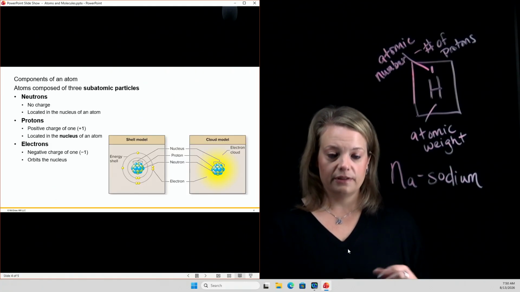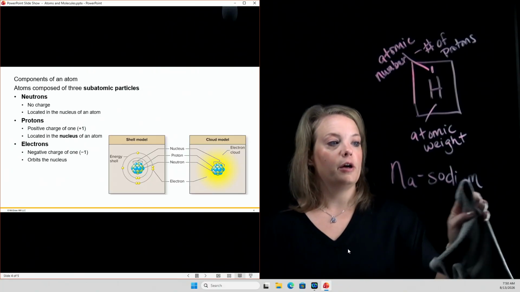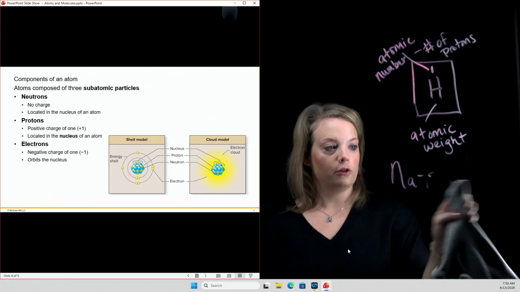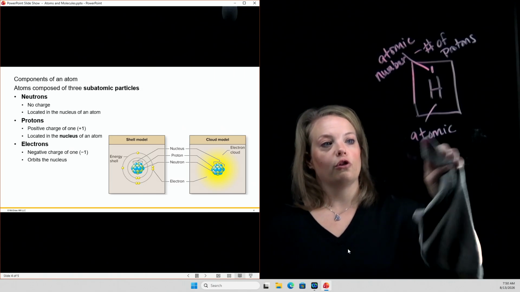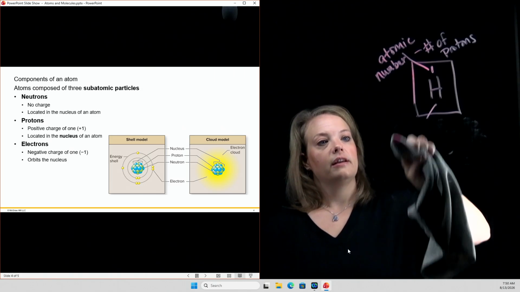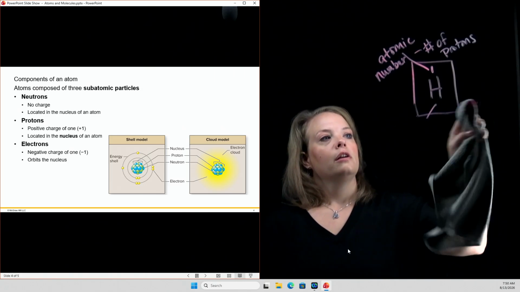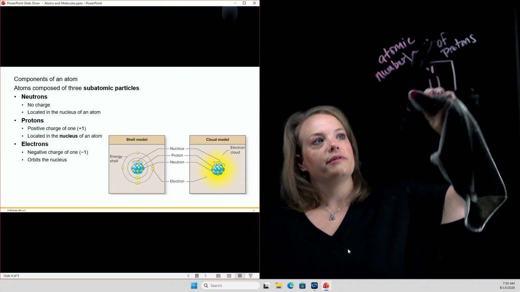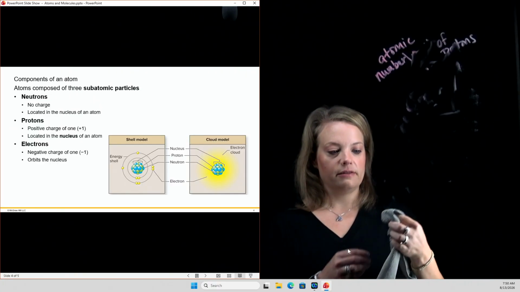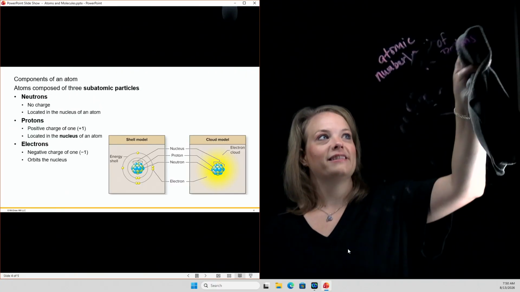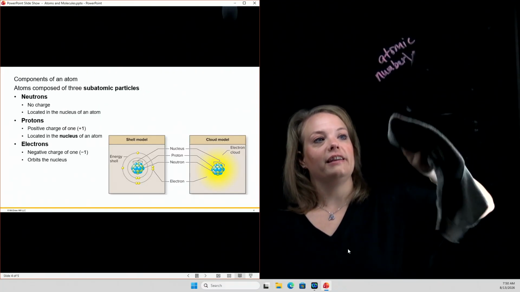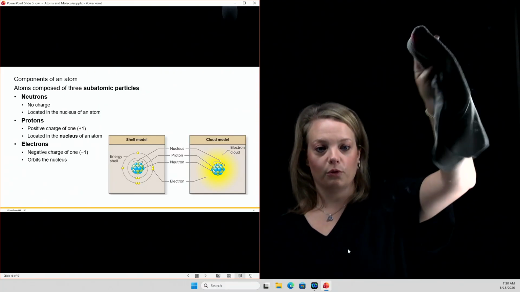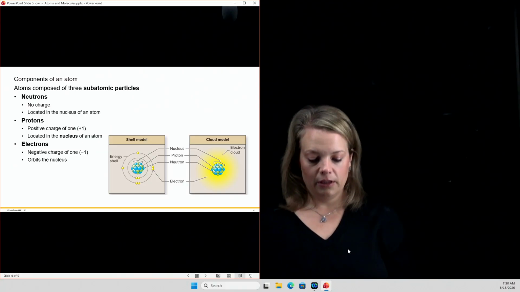Atoms or elements are made up of subatomic particles. These subatomic particles are neutrons, protons, and electrons. I kind of think of atoms as little planets. Inside the atom is what we call the nucleus, so it's the middle.